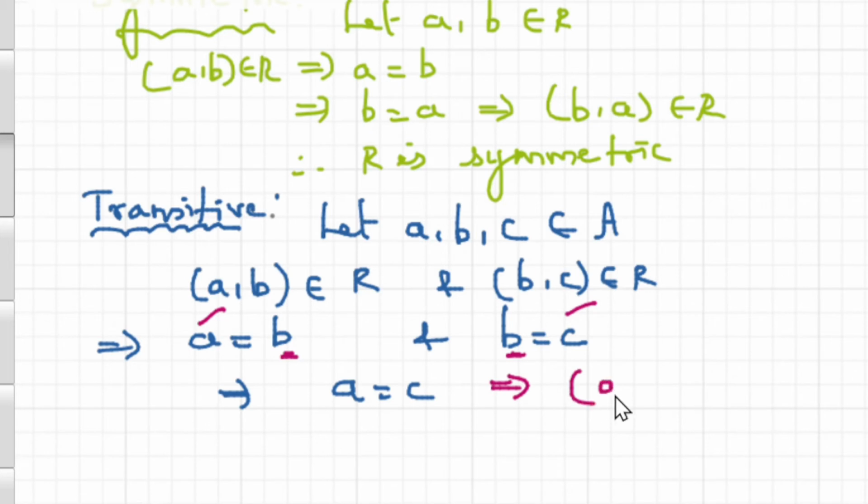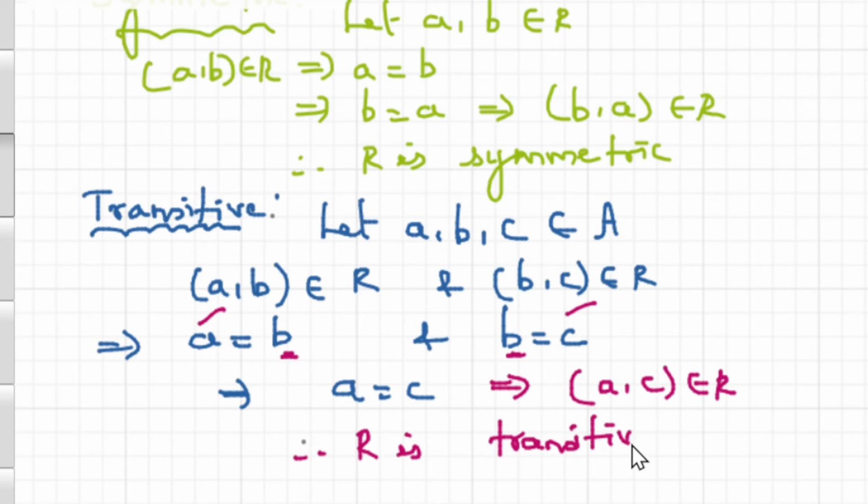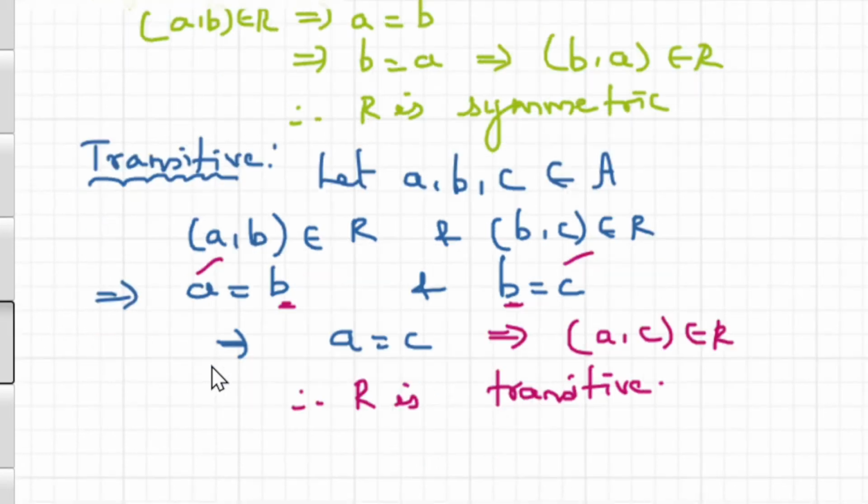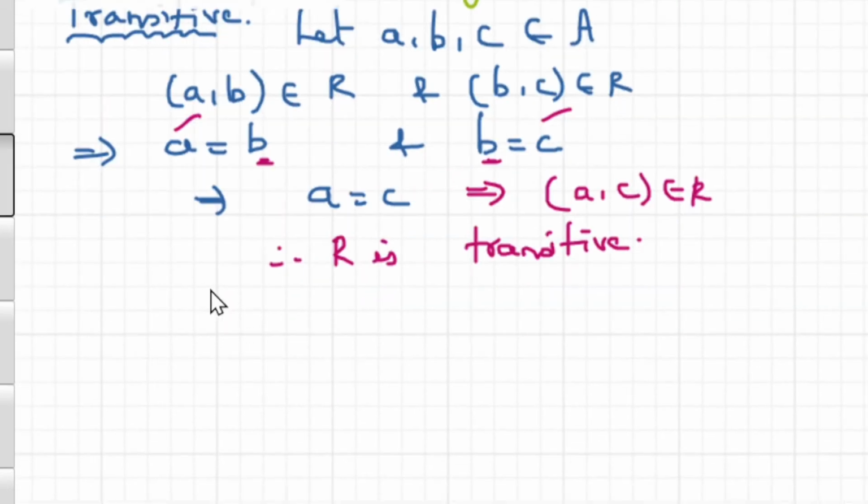This implies A comma C belongs to R. Therefore, R is transitive. We proved all the three conditions and hence R is an equivalence relation.